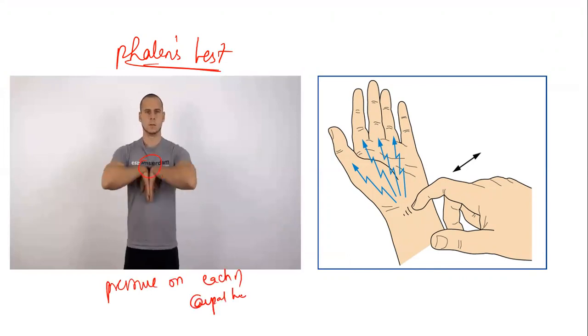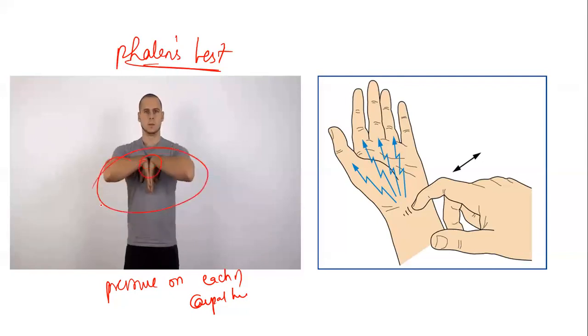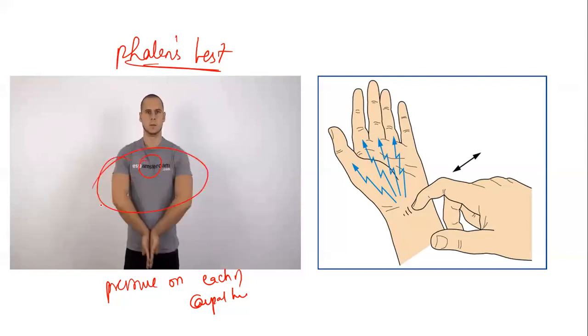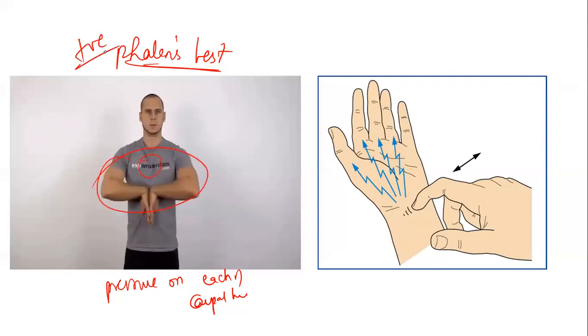So when he does flexion of the elbow along with the flexion of the wrist against each other, that compression is going to cause some pain. That is called Phelan's test. Flexion of elbow along with flexion of wrist against each other is called the Phelan's test. So if a patient experiences pain, then he is positive for the Phelan's test, right?